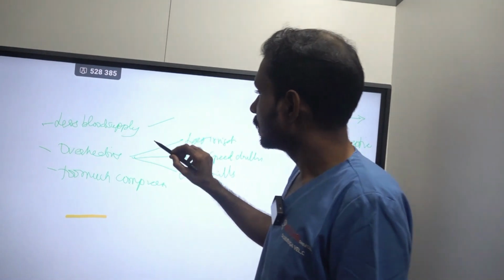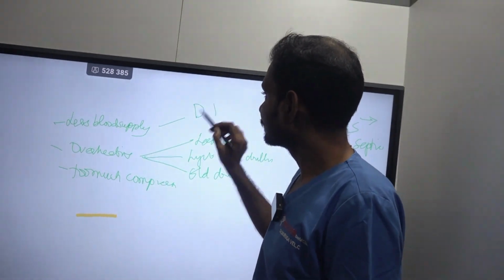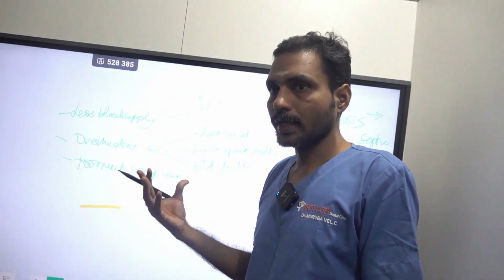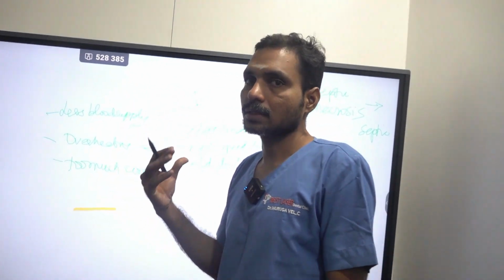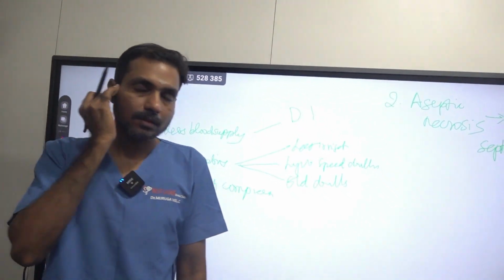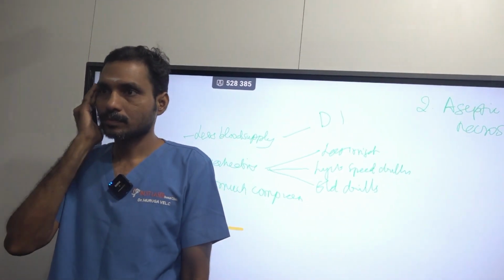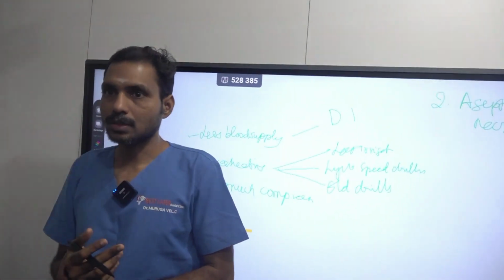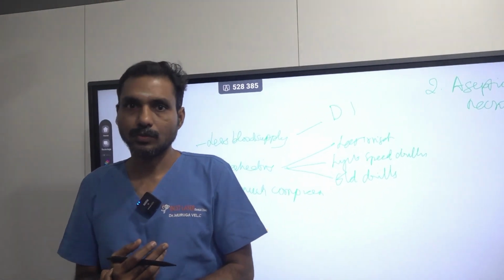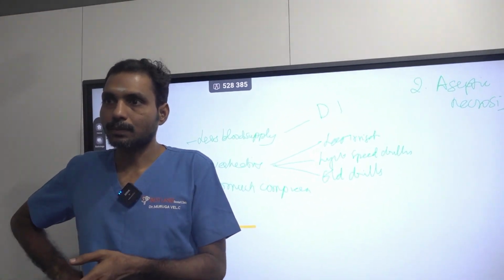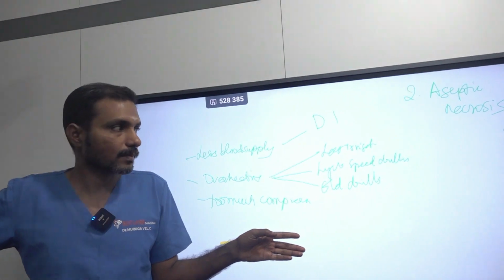And D1 bone is very cortical, that means there is less blood supply. You got the point? The more D1, you should not become happy. Okay, the bone is very cortical in nature, you will get good stability. No, that is not true. From drilling to implant placement to post-implant placement, there are a lot of troubles.